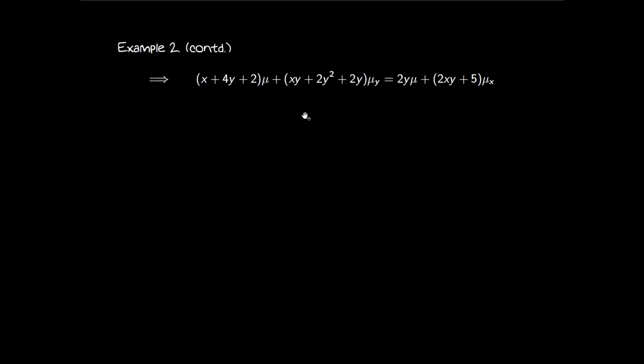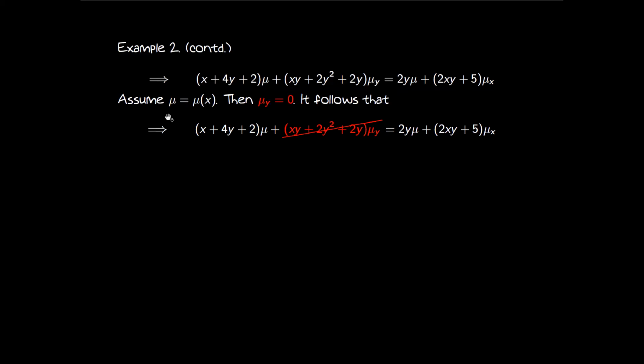So we'll just try the idea of mu as a function of x. So in this case, we understand the y derivative for this function is going to be 0. And the term with the mu sub y is going to be 0. You end up with the equation with only mu and mu x.